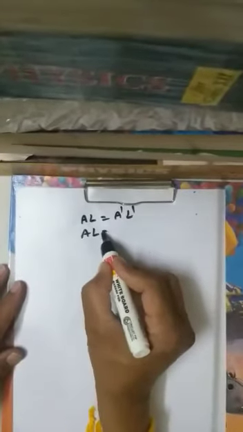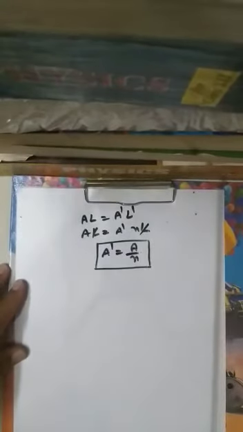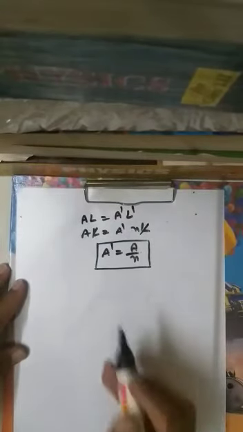AL is equal to A dash L dash. By putting in the value, the new length is nL because the length is increased by n times, so A dash is equal to A by n. When the length becomes n times, the area becomes 1 upon n times.